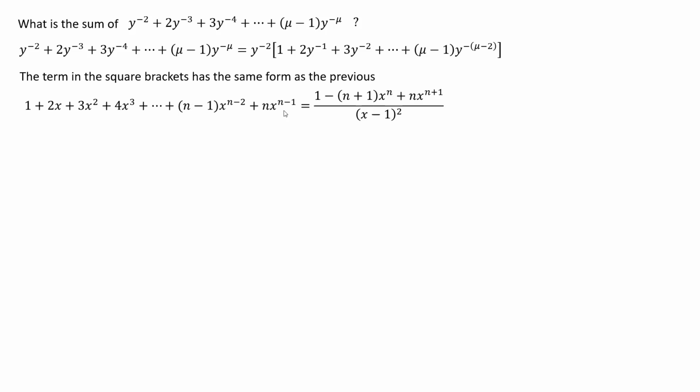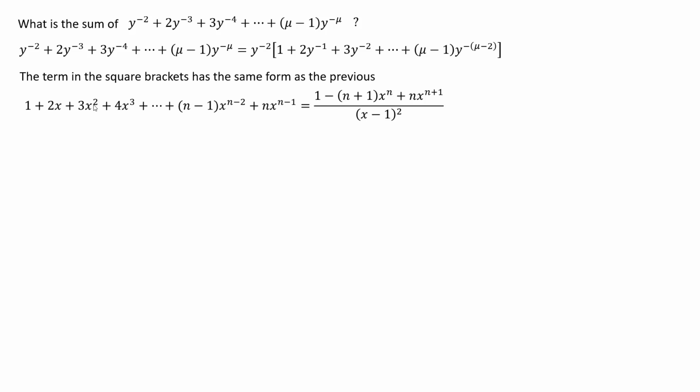In the square brackets, 1, yeah, plus 2x, whereas we have 2y to the negative 1. Are you telling me that x equals y to the negative 1? So y to the negative 1 is playing the role of x? At least based on a comparison of these two terms, that's what it looks like. And let's continue to see if that is the case.